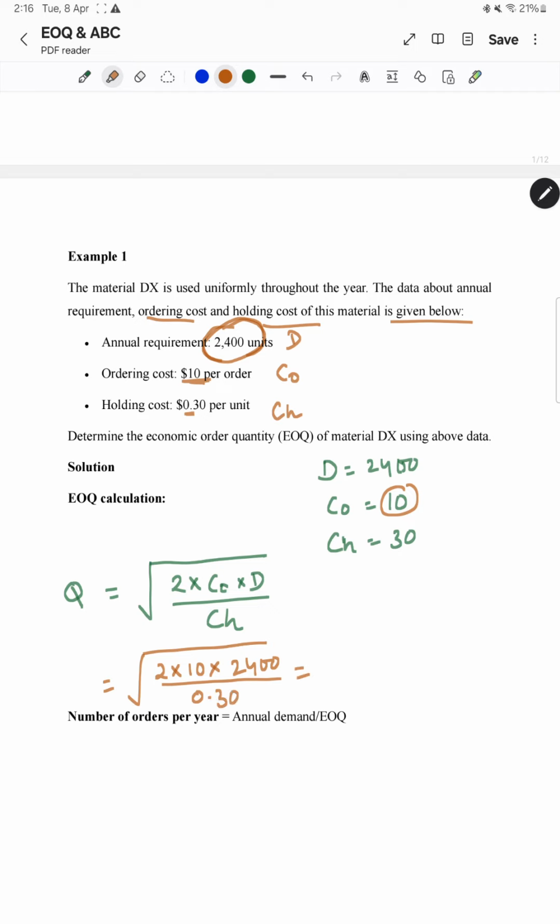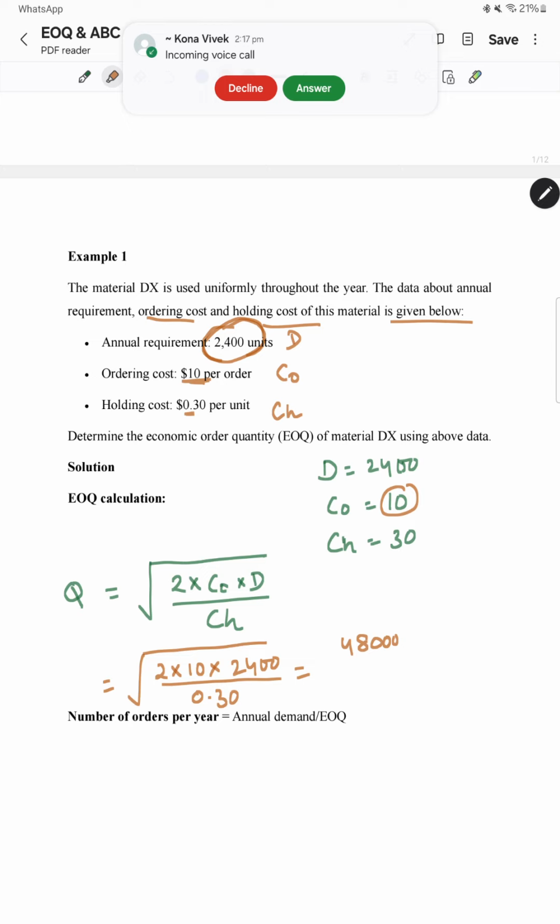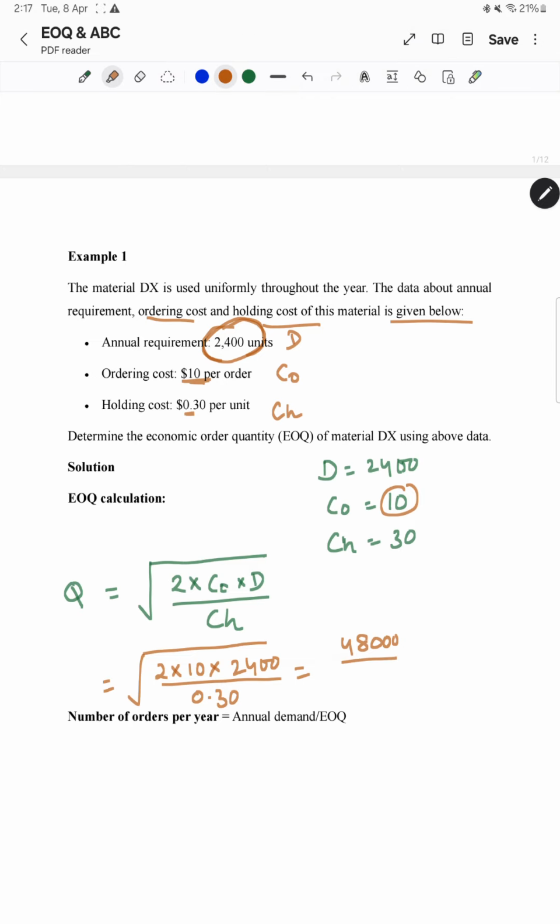This implies, if you multiply 2 into 10 into 2400 it will give us 48,000 divided by 0.30, square root. This is nothing but square root of 1,60,000.